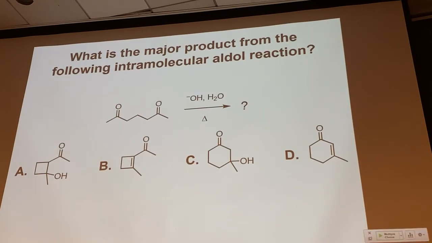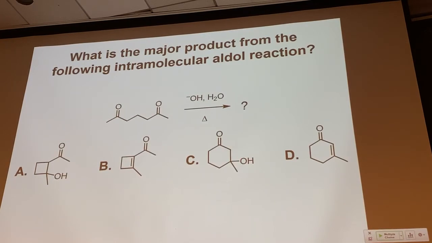All right, which product do we get? What's our major product here? It is D, exactly. Could we get C as the major product? In this case, the answer is no, because this intramolecular aldol is between two ketones.